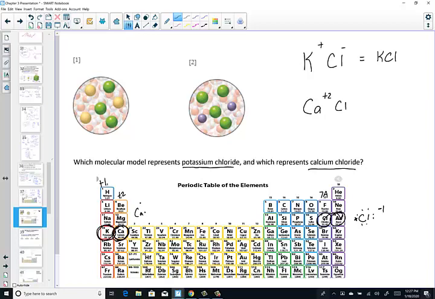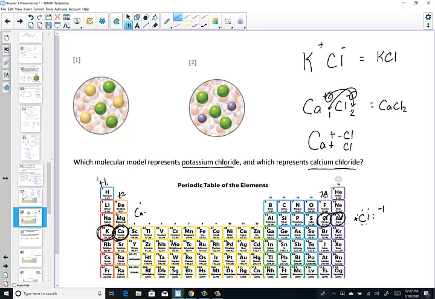And chloride we found already to be -1. When we crisscross, bring those numbers around and down, we find Ca1, Cl2, calcium chloride, CaCl2. Remember, calcium is a +2.